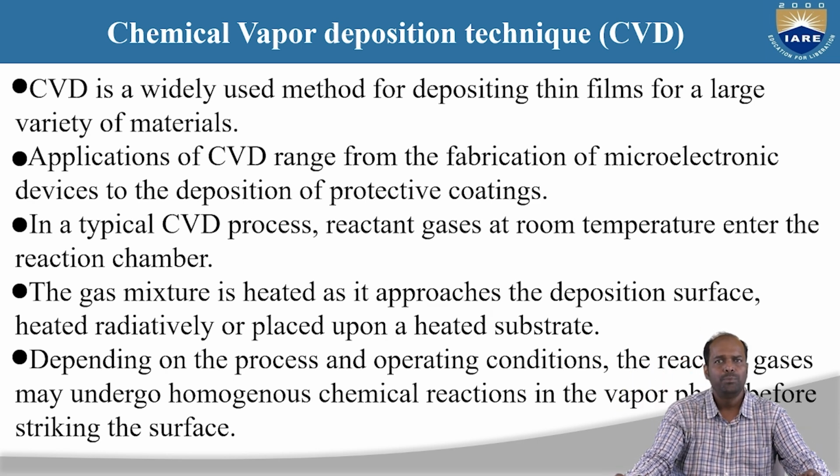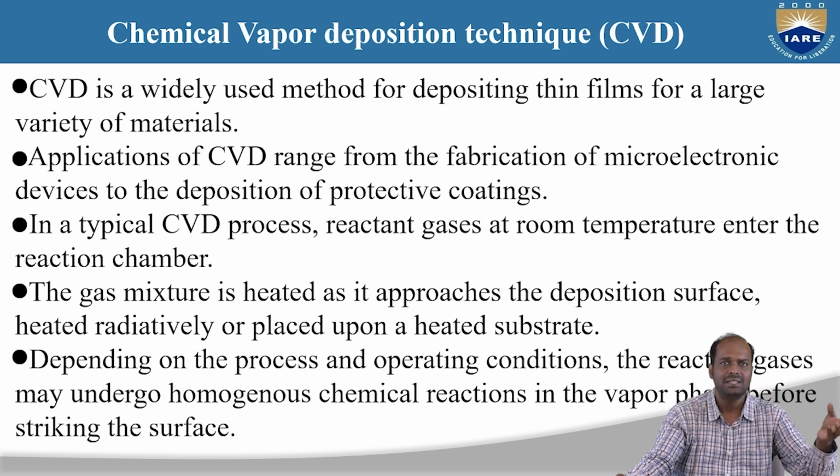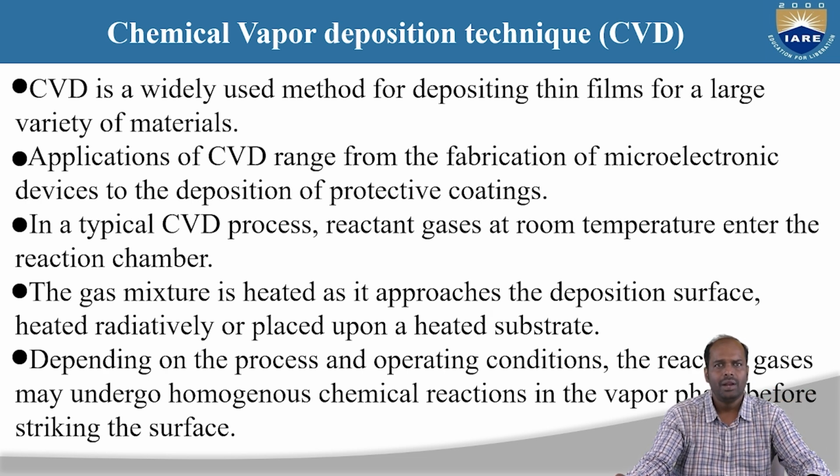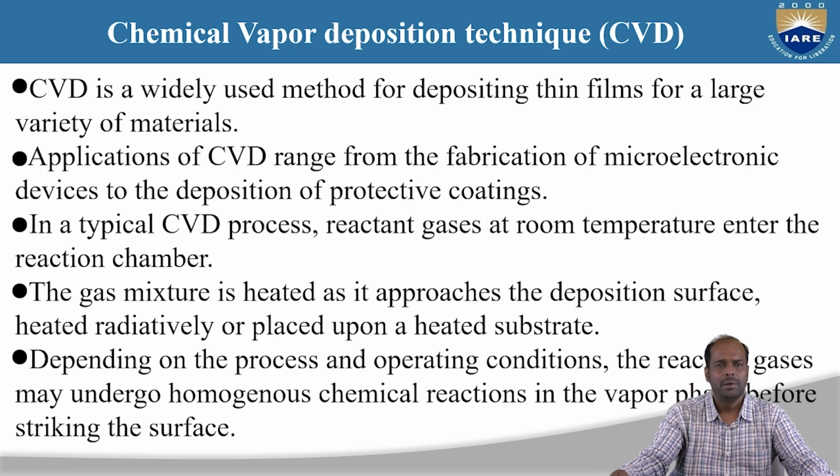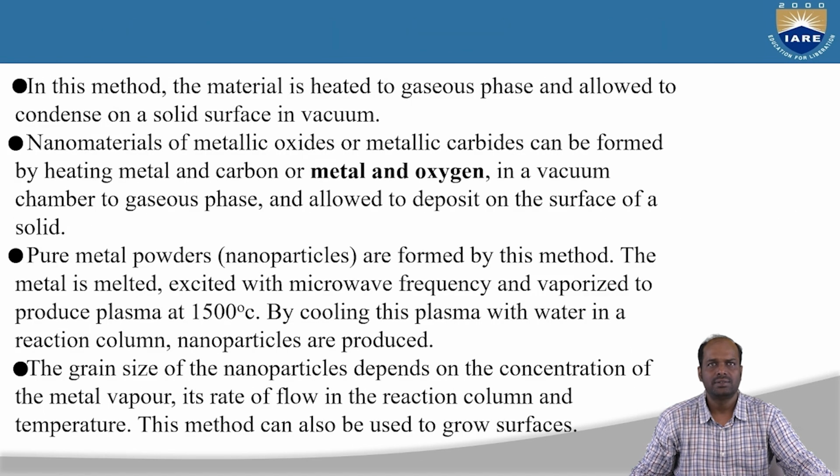Depending upon the process and operating conditions, we decide what kind of gases we need to pass, either argon, nitrogen, methane, or hydrogen. The reactant gases may undergo homogeneous chemical reaction in the vapor phase before striking the surface.